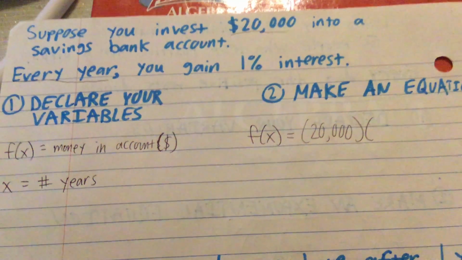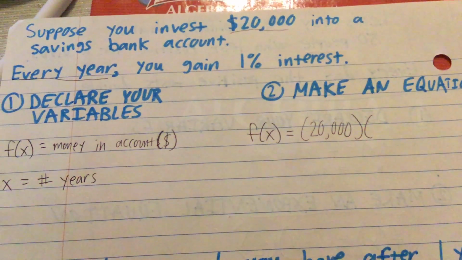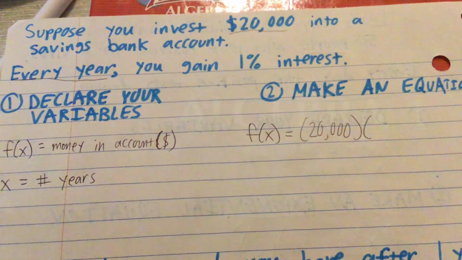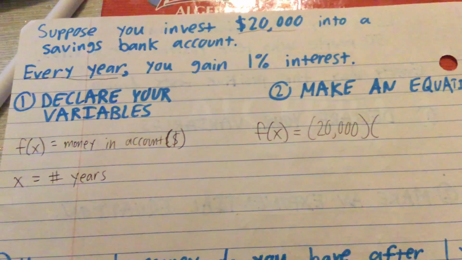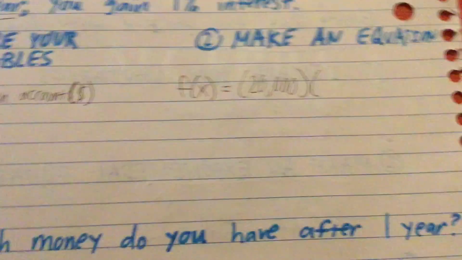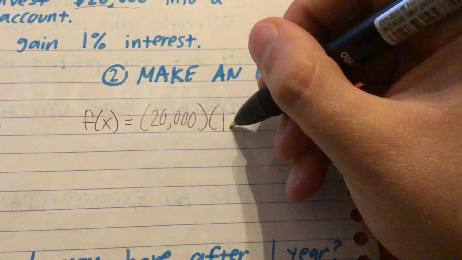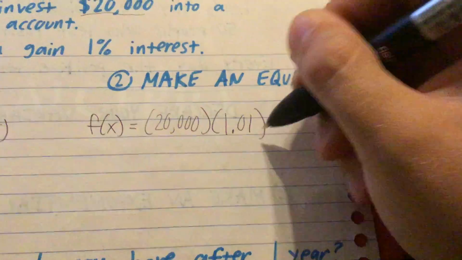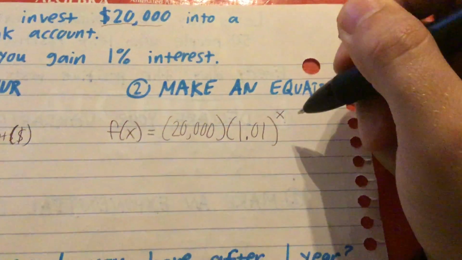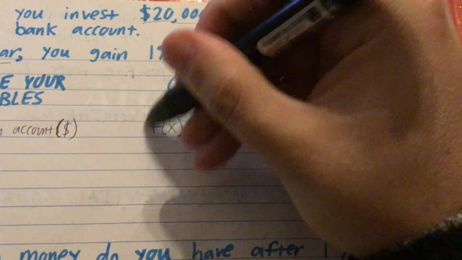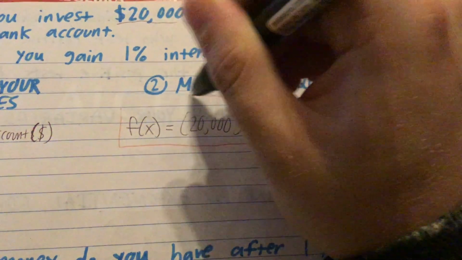What is the scale factor if it gains 1%? The scale factor needs to be bigger than 1. So in particular, 1 plus 1% as a decimal, that'd be 1.01 to the x power.